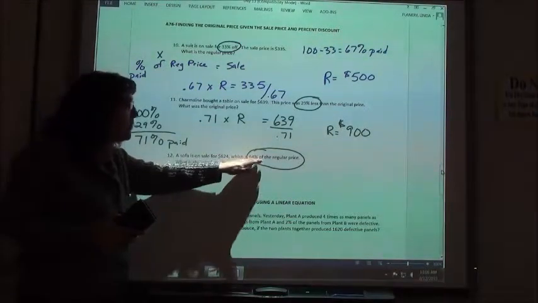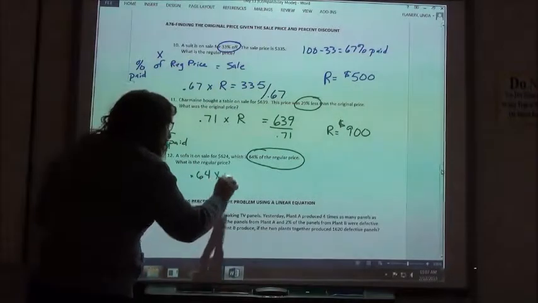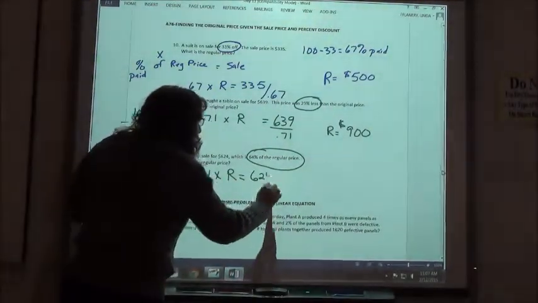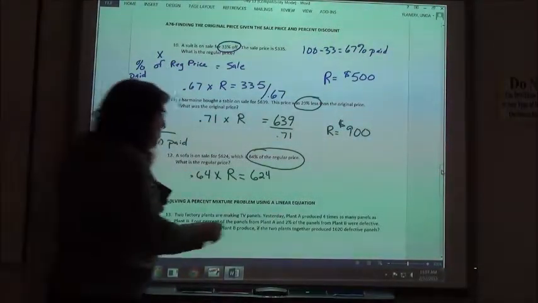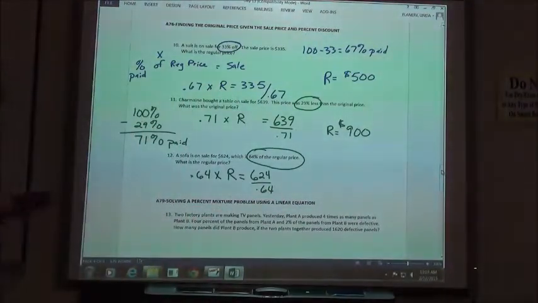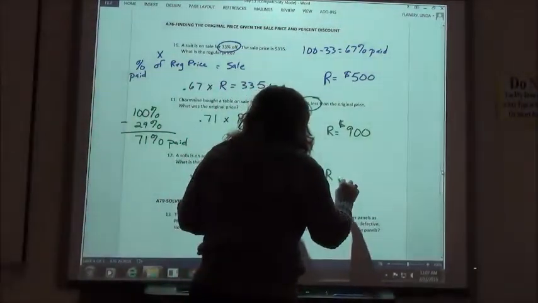The 64% is what you paid. 64% of the regular price gave me the sale price of $624. I then have to divide by my 64%. And so 624 divided by 64% is $975.